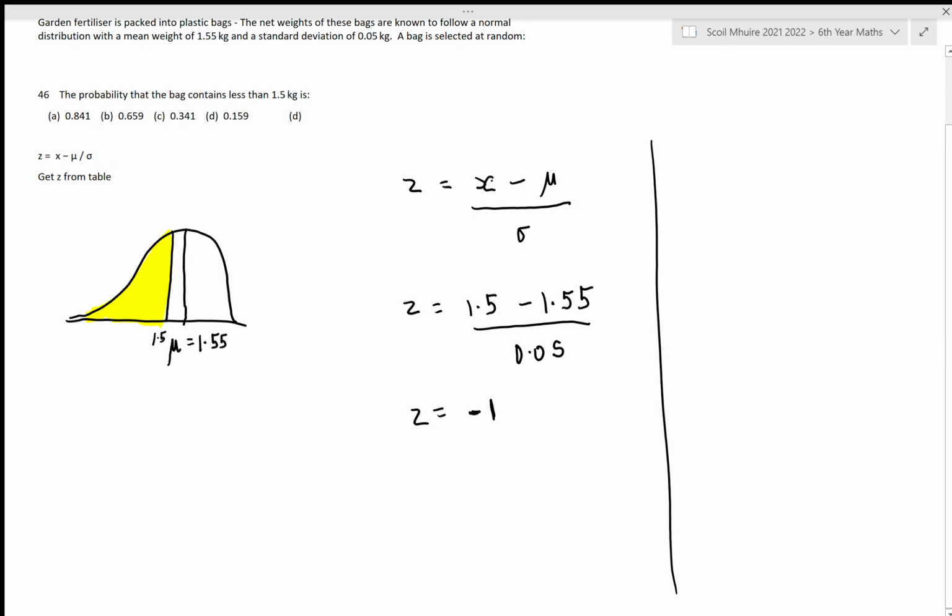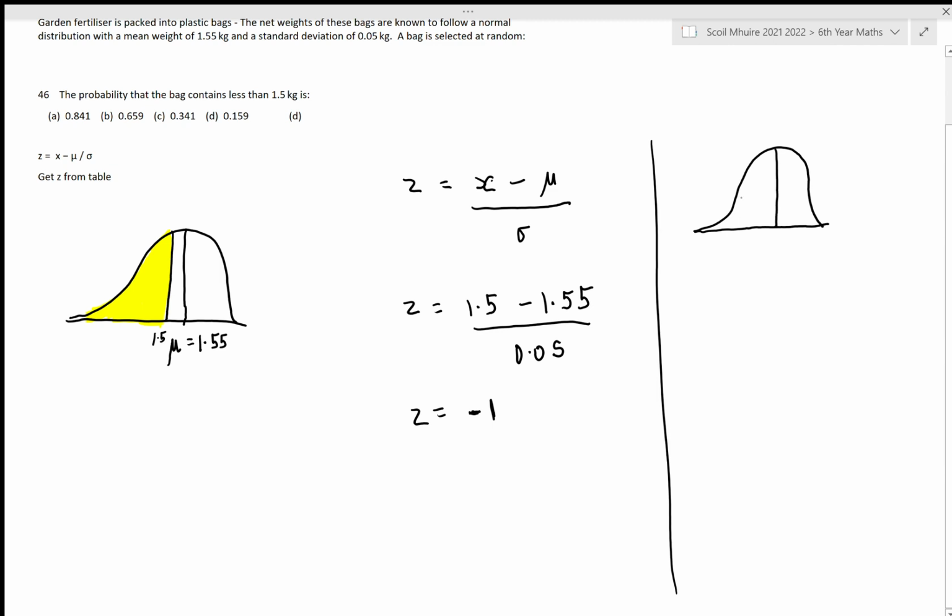So the problem with your Z-score tables, I'm not sure if the ones that you use are the same as the ones that I do. Some calculators can actually convert your Z-scores into a probability, but with mine, my Z-scores only tell you what is your probability under a positive Z-score.